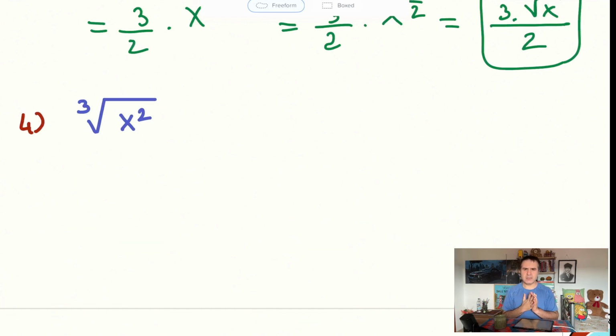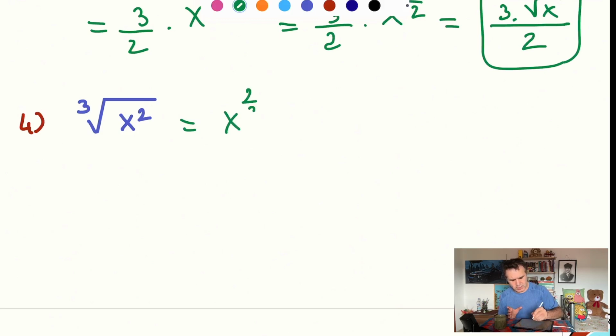For the next function, we always do the same thing. When we take the derivative of any root function, first we rewrite it as a power function, and this will be equal to x to the power of 2 over 3. Then we take the derivative of the power function: first we take the exponent as coefficient, and the coefficient will be 2 over 3.